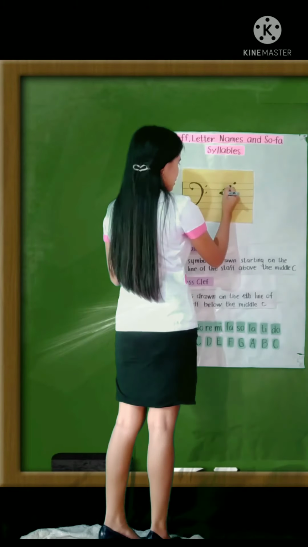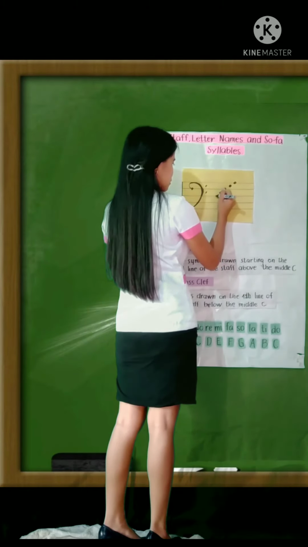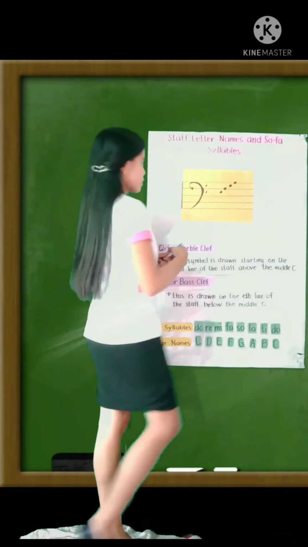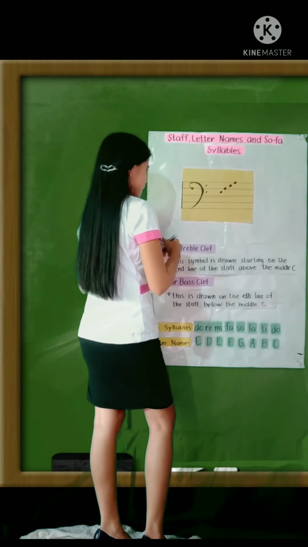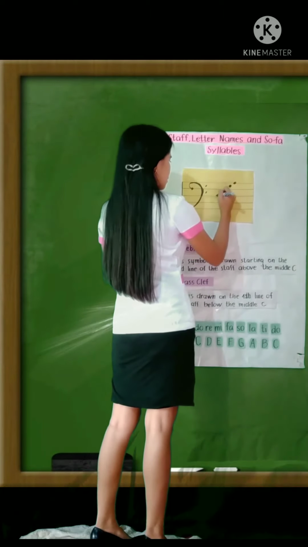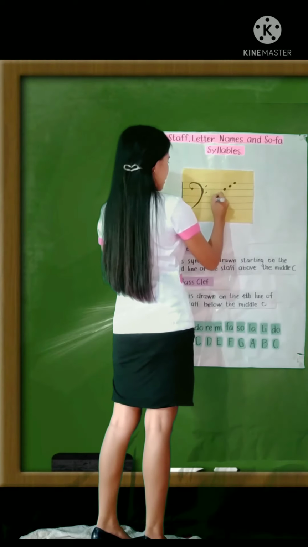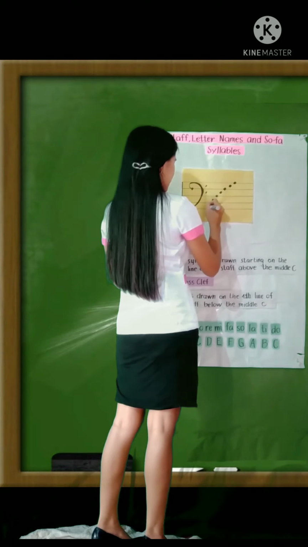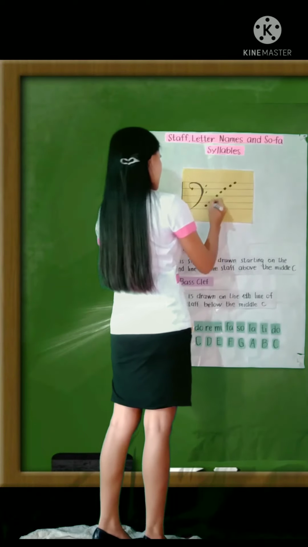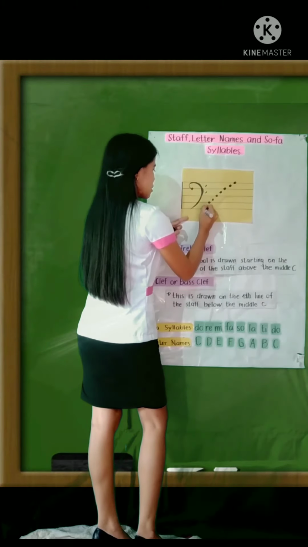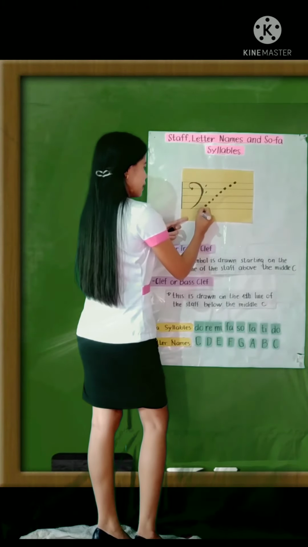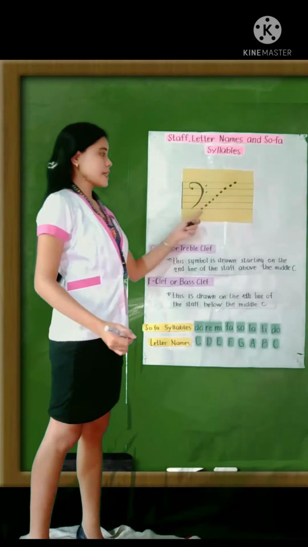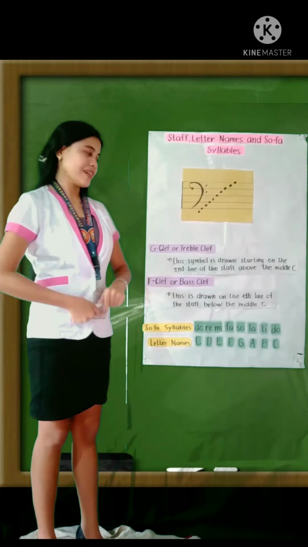Letter G. Not H, not H. Letter F, letter E, then letter D, letter C, letter B, letter A. Then let's go back to letter G, and then letter F. So that is the bass clef.